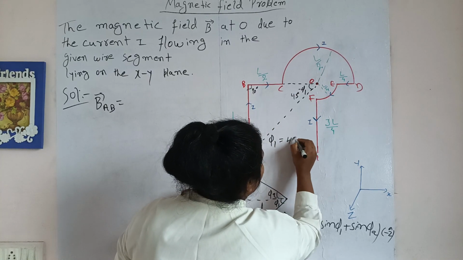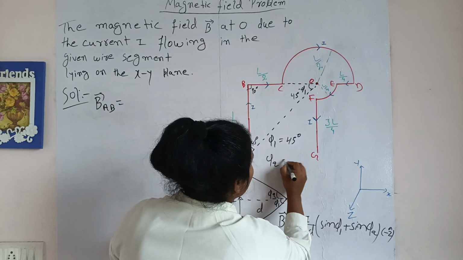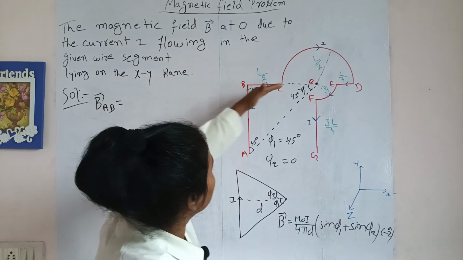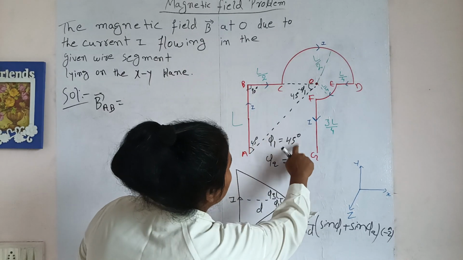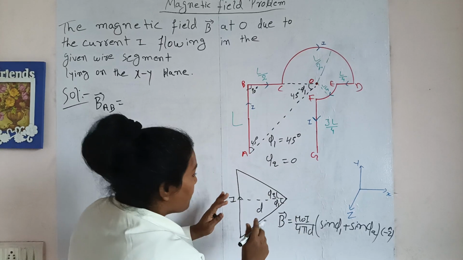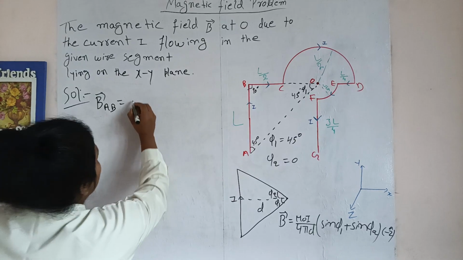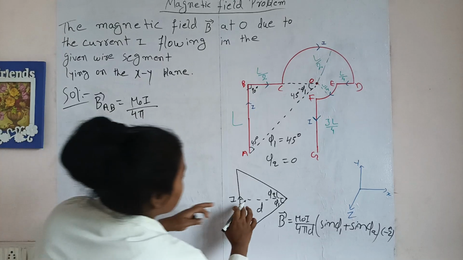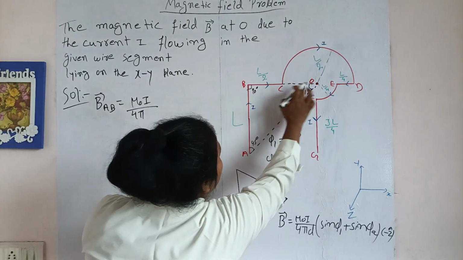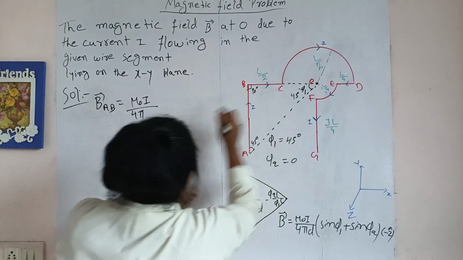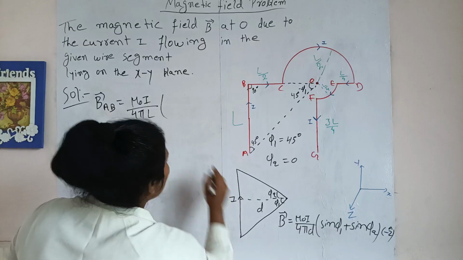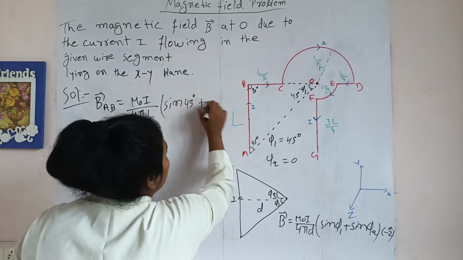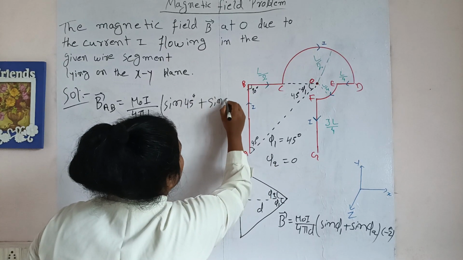So phi 1 is equal to 45 degrees here and phi 2 is equal to 0, because the upper part does not exist here. So phi 1 becomes 45 degrees and phi 2 is 0. We'll use this result here for the part AB. It becomes mu naught I by 4 pi, and since the straight distance d here is L by 2 plus L by 2, which means L, we'll use that L here, and sine phi 1 is sine 45 degrees plus sine phi 2 is sine 0 degrees.